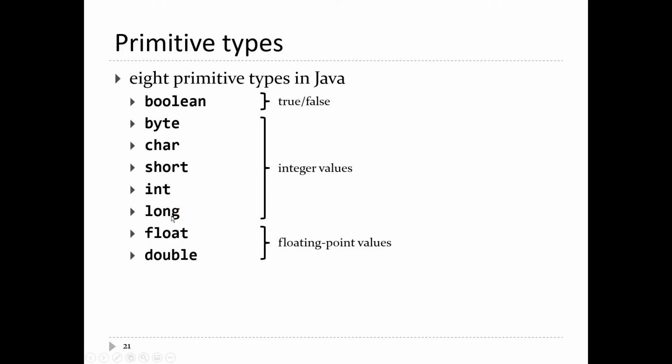If you're representing individual characters of a string, you use char, but underneath the hood, that's actually an integer value. In Java, you normally use double for floating point values. The main reason you would use float is if you want to conserve memory and you're not concerned about the lack of precision you get when you use float compared to double. But I'll explain more about that later on.